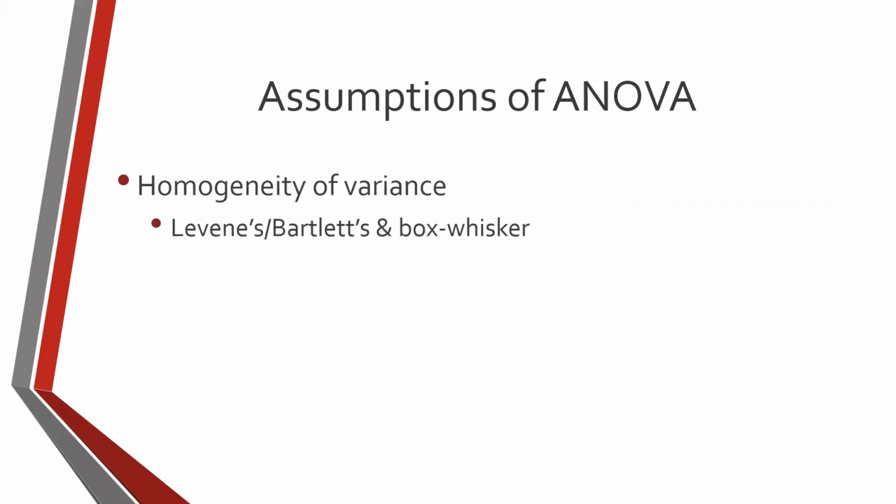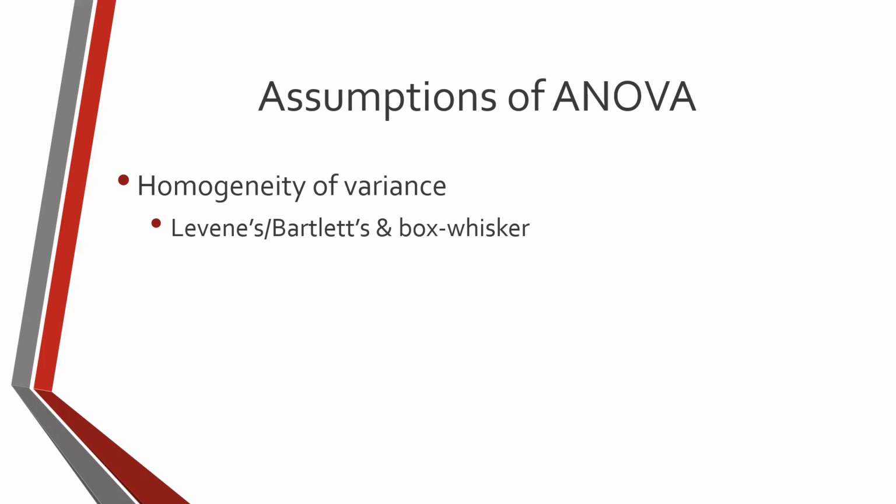So the first assumption is homogeneity of variance, that the variances within treatments are approximately equal. If you have a treatment that is much more variable or much less variable than the others, then the ANOVA will not work.